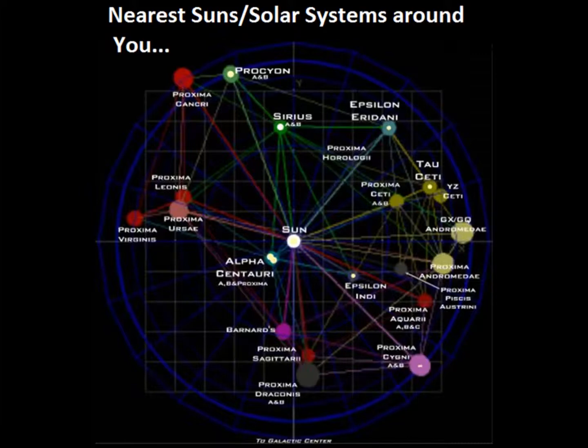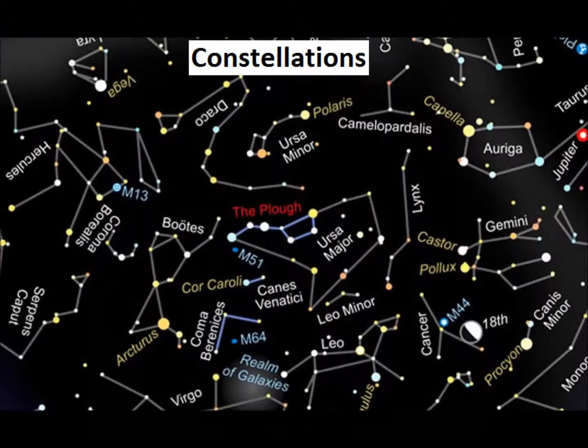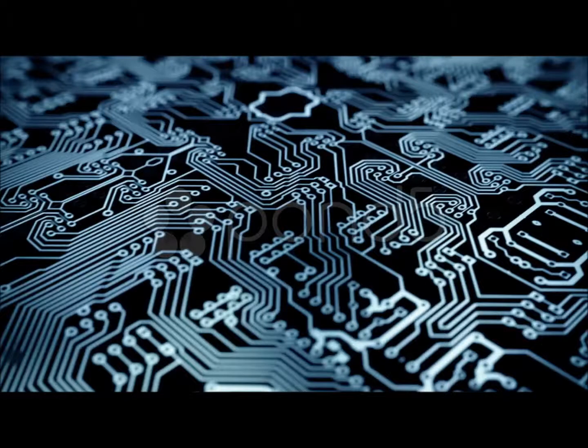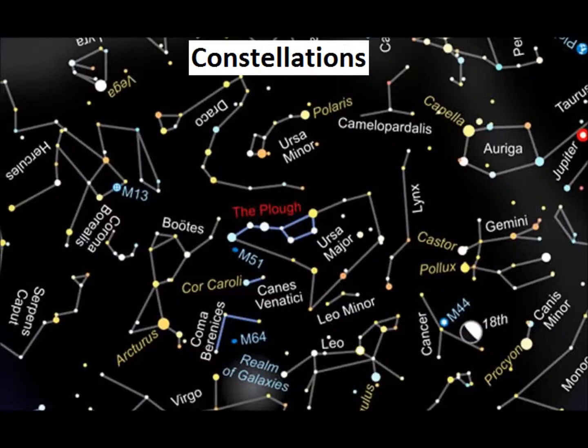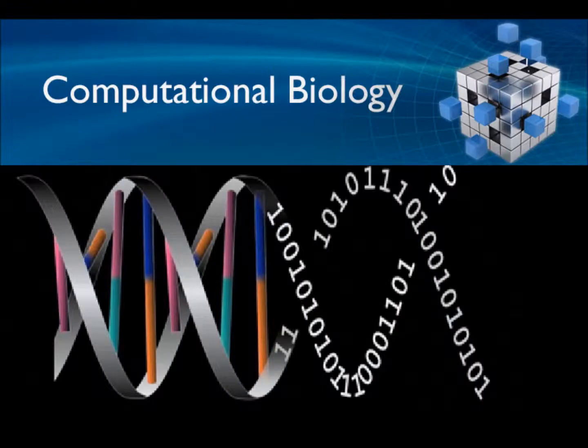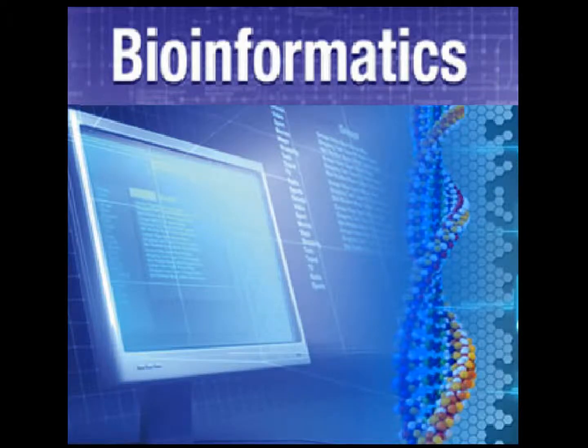On a more abstract level, just the configuration of the constellations is a mirror image of a circuit board. The stars are organized like computer equipment, sensor equipment, and other equipment that scientists today use for the disciplines of computational biology and bioinformatics.